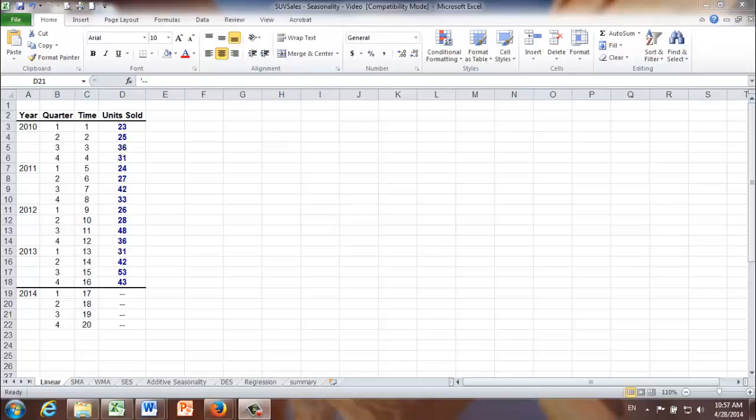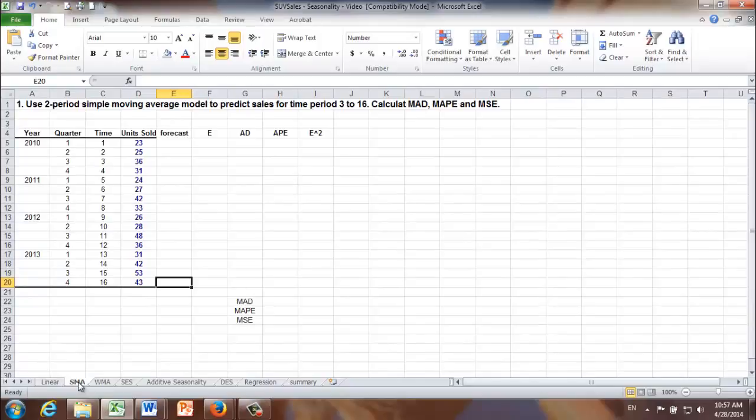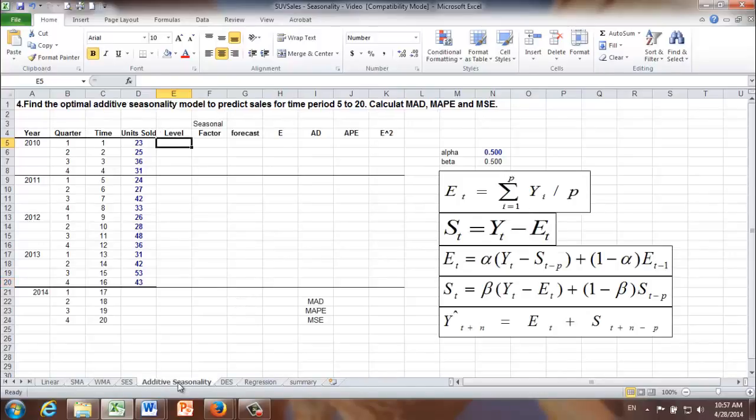To answer each of those 7 questions, I prepared a separate worksheet for each of those 7 questions. For example, for the first question, simple moving average method, I prepared a separate worksheet over here. For additive seasonality, for example, I have another separate worksheet prepared over here.